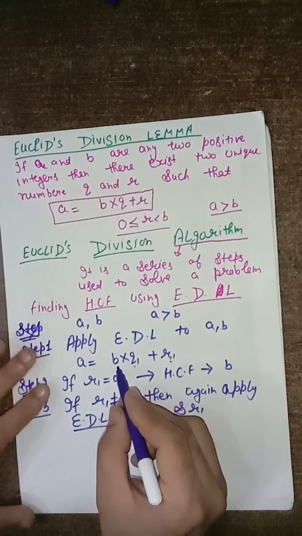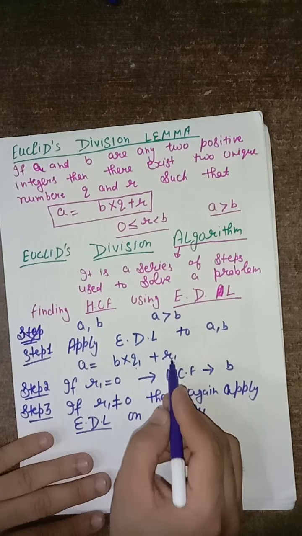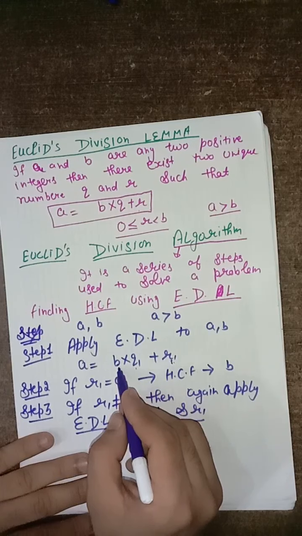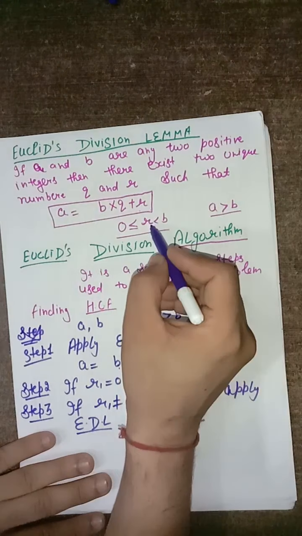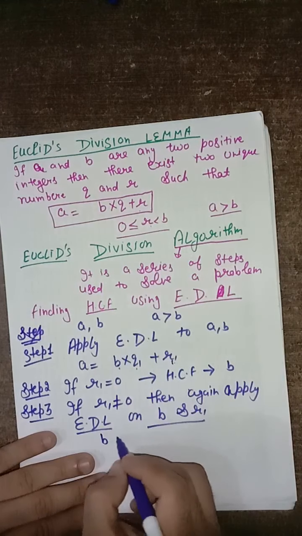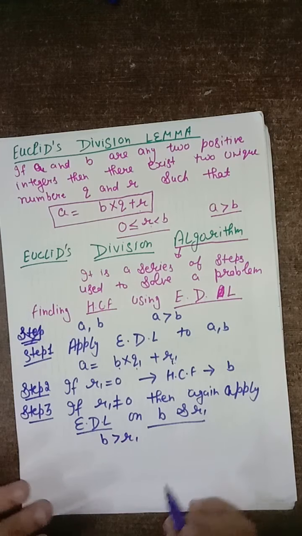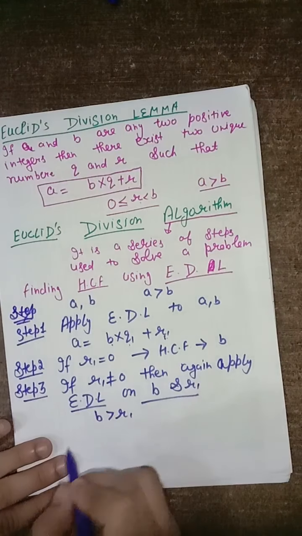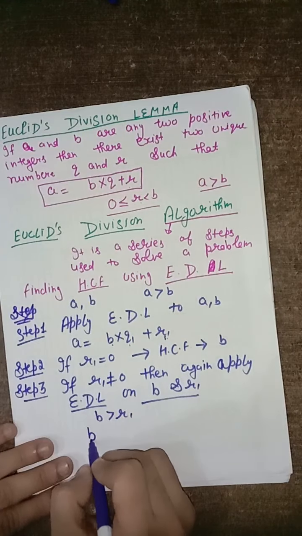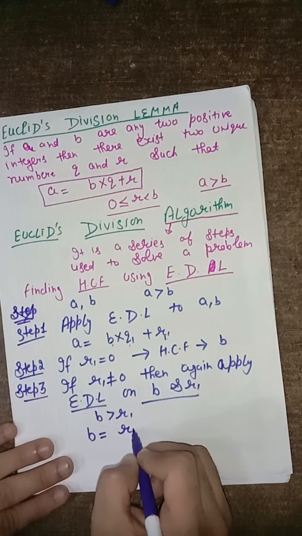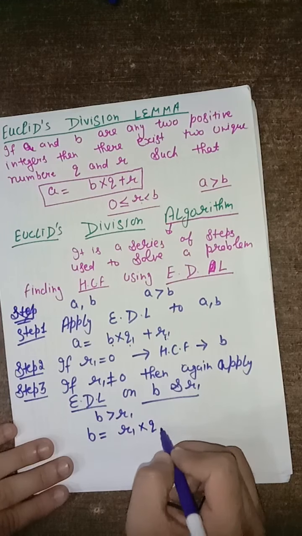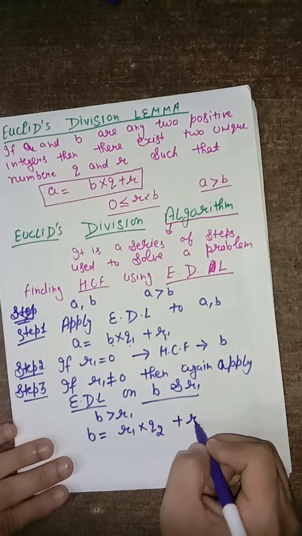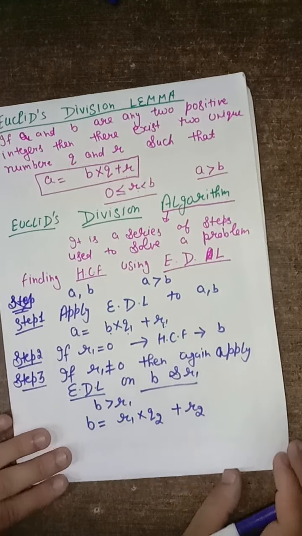Now we know that this remainder is always less than this B. So now B is greater than R1, and while applying Euclid division lemma, this will become B equals R1 into quotient Q2 plus remainder R2.